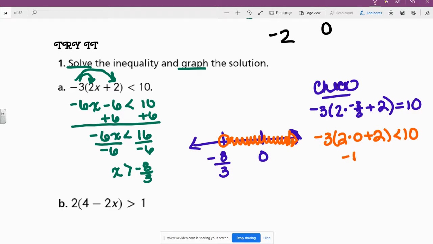Let's do it again. 2 times 0 is 0, plus 2 is 2, times -3 is -6, and -6 is less than 10. So that means I shaded the right way. If I would have checked something to the left of that, it should not be true. Since this is a true statement, that means my shading is correct.